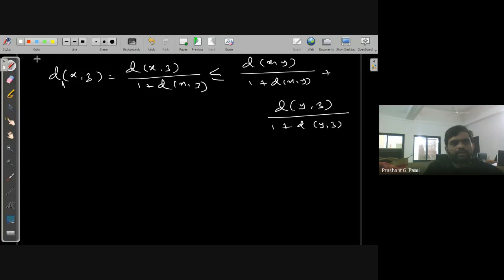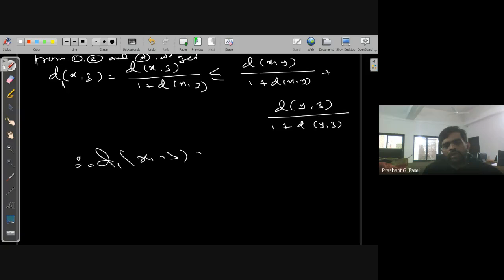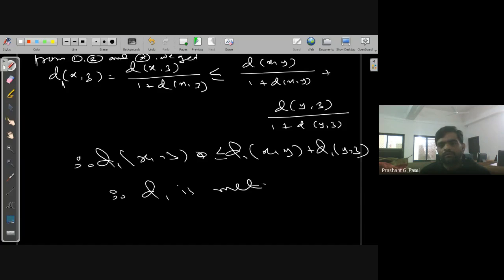From 1, 2 and star we get this. So therefore d1 of xz is less than or equal to d1 of xy plus d1 of yz. And from this we can say that d1 is a metric on X.